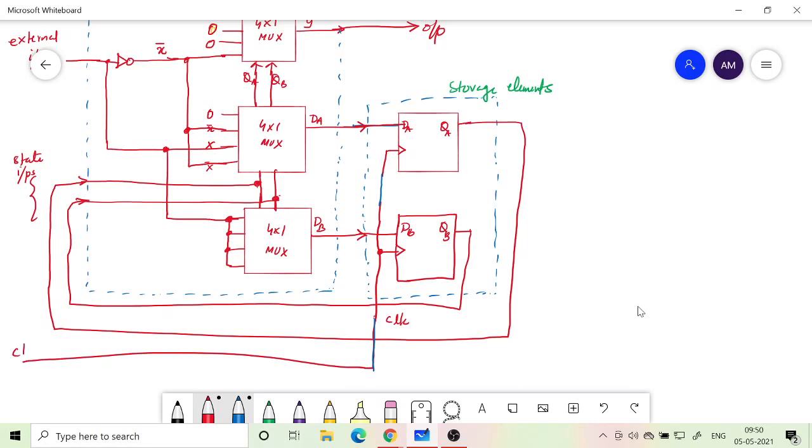And this is the clock input. I think it's clear now.